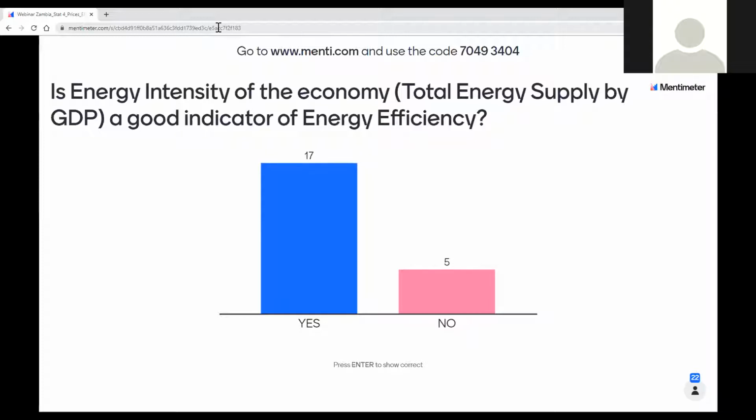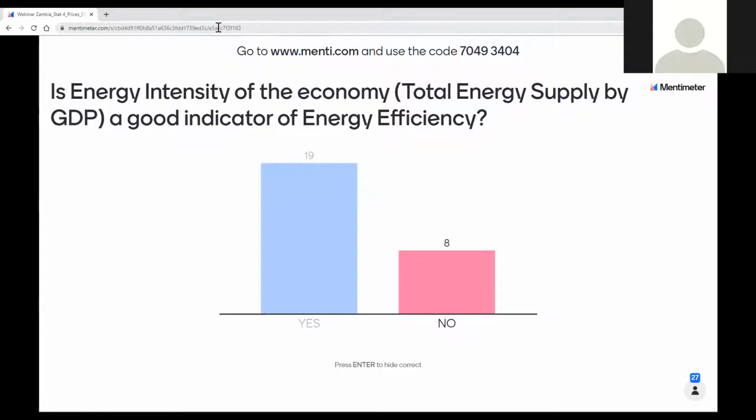Many of you think that yes, it is a good indicator. And the right answer, it's no, it's not the ideal indicator for energy efficiency.